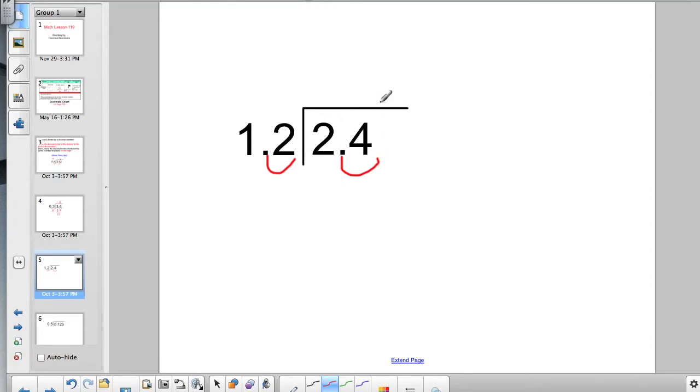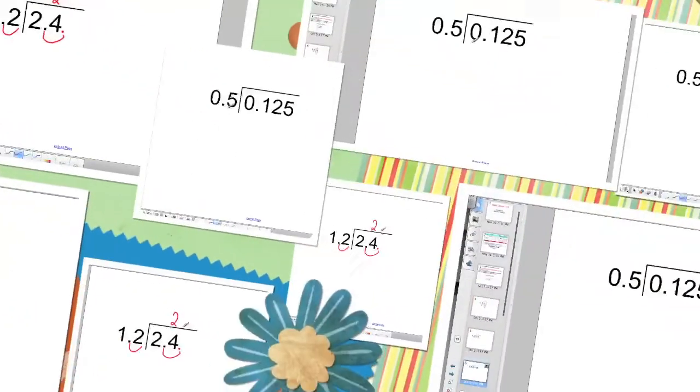If I'm at the end of this number, this is basically going to end up being 24 divided by 12. Am I even going to need my decimal point in the answer? No, I'm not, because 12 divides into 24 two whole times. You would not say 2 and nothing. It's just plain old 2.